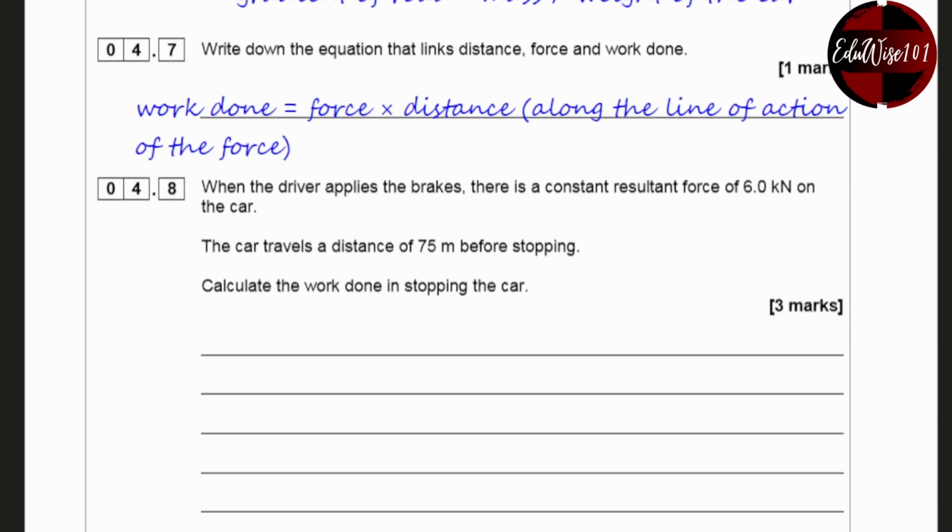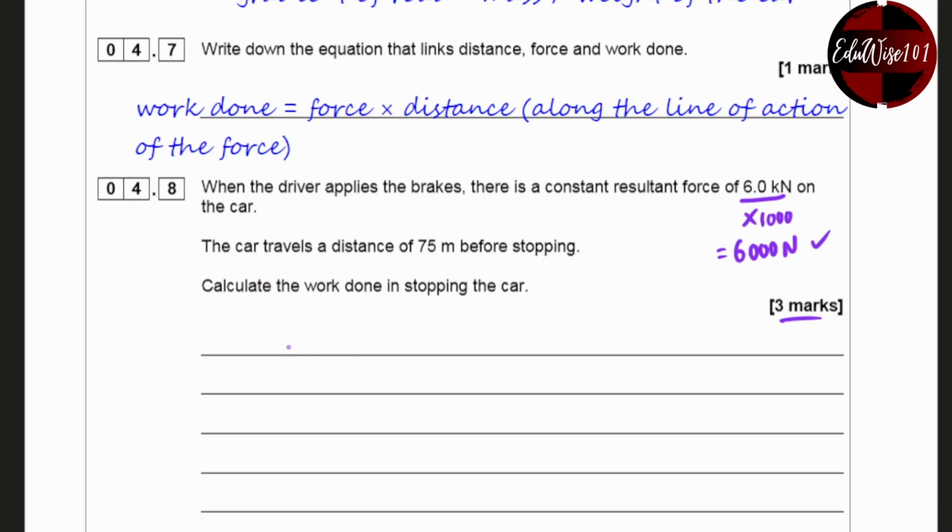When the driver applies the brakes, there is a constant resultant force of 6 kilonewton. Now 6 kN, which is 6 kilonewton, you multiply it by 1,000 to get it as 6,000 Newton. Now because it's a 3-mark question, this should carry a mark there. The car travels a distance of 75 meters before stopping.